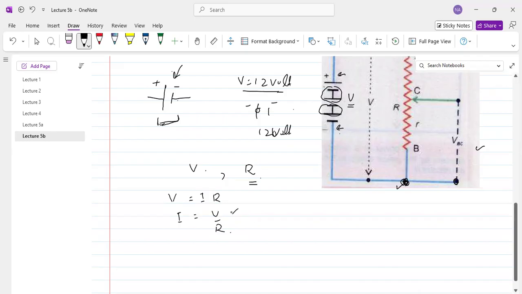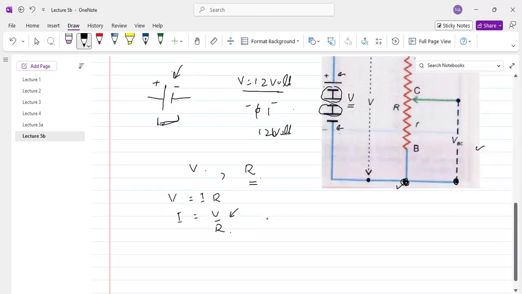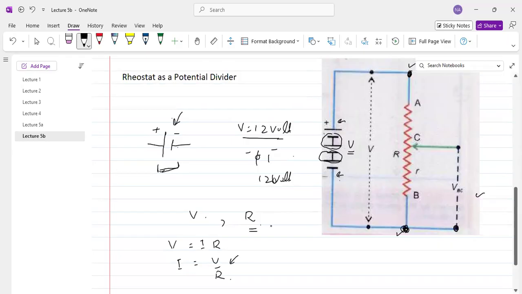So this is the current flowing between points A and B. Also, we suppose that the resistance between terminal B and the sliding contact C is small r.